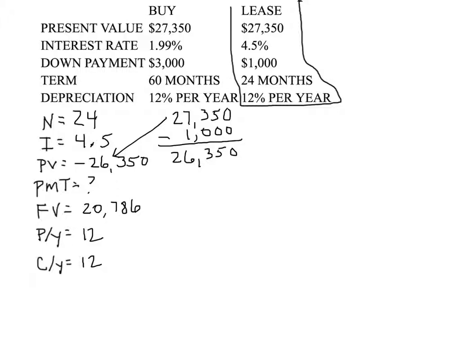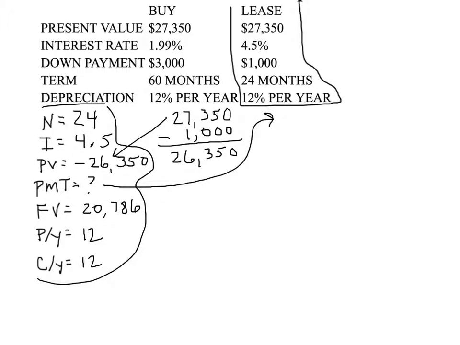When you plug all of this into your calculator in the time value of money, your monthly payment should come out to be $320.80. Okay, so we want the total cost of the lease.